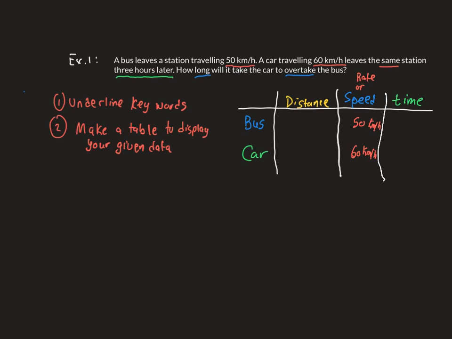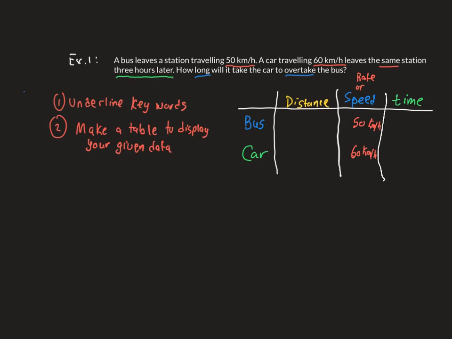Do I know how much time it will take for my car to overtake the bus? No. Do I even know how much time my car is traveling for? No.